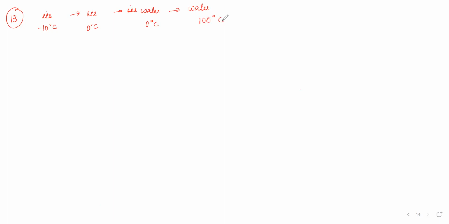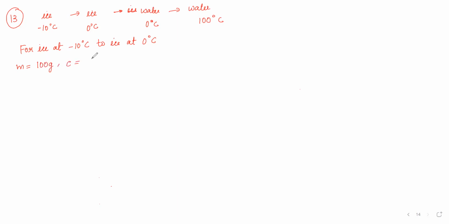Okay, so what you will be writing for ice at minus 10 degrees Celsius to ice at 0 degrees Celsius. Okay, what is M? Mass is 100 grams. Okay, then what is C?